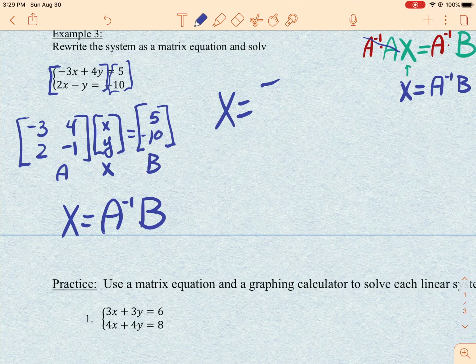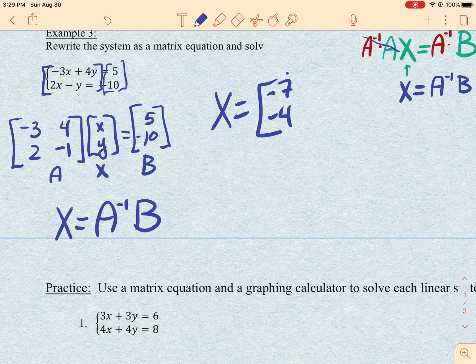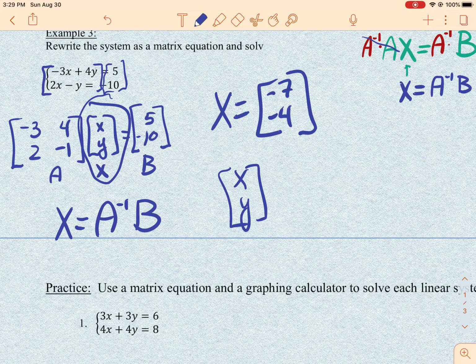So our matrix X is -7, -4. Remember what our matrix X was, X and Y. So that's saying our X is -7 and our Y is -4.